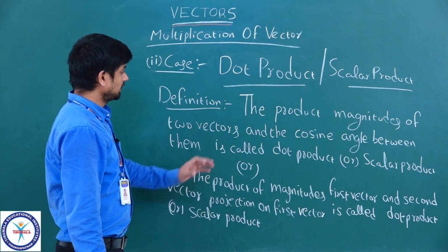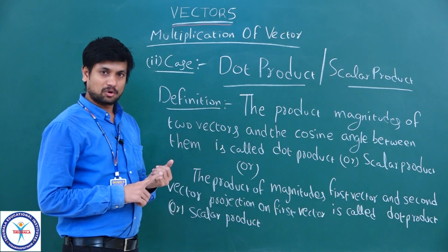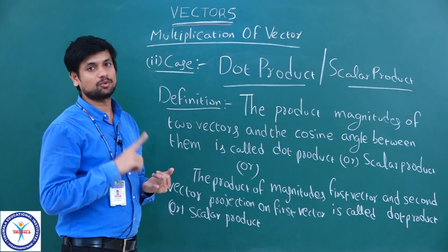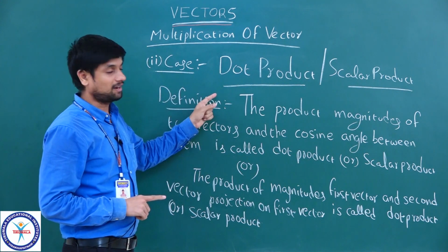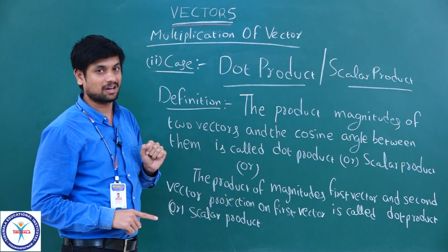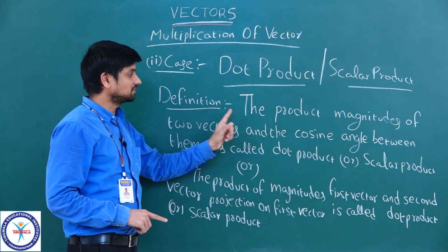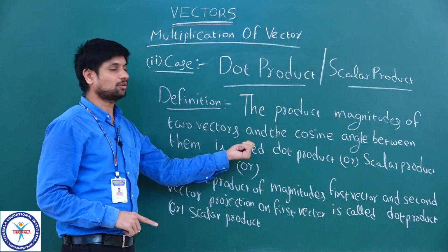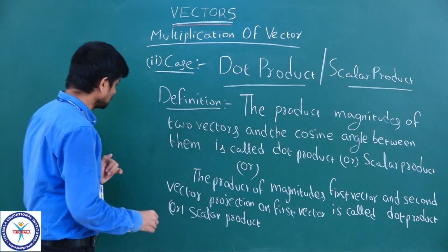Children, the product of vector with vector, where we multiply horizontally, is called the dot product or scalar product. See the definition: the product of the magnitudes of two vectors and the cosine of the angle between them is called the dot product.